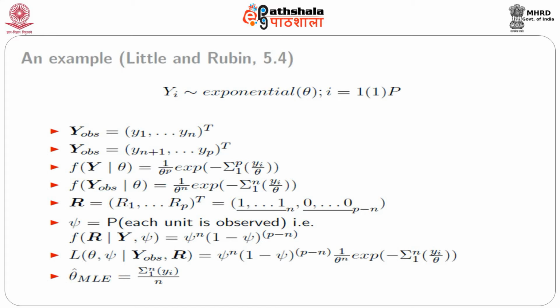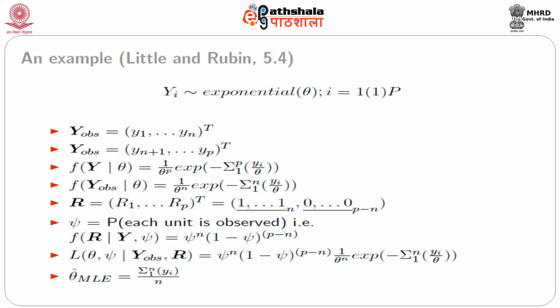So, f of y given theta is 1 by theta to the power n, exp of minus the sum over i equal to 1 to p of y_i by theta, that is the standard likelihood for an exponential distribution.